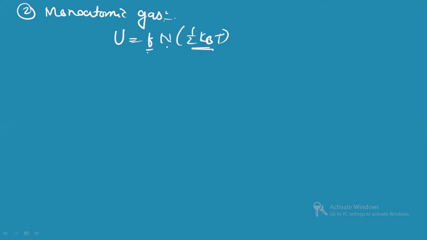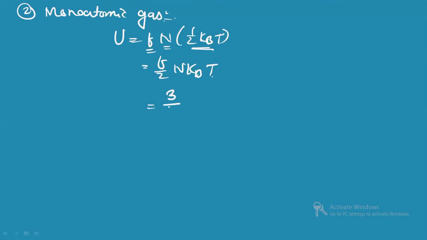Okay, we will do it for monoatomic gas. So now you see, for monoatomic gas, the energy can be written as what? It will be the degree of freedom into the number of particles into the contribution of energy, half kBT. Half kBT energy is associated with each degree of freedom. Or you can write it as f by 2 N kBT. All right. Now you see, the degree of freedom for monoatomic is how much? 3.